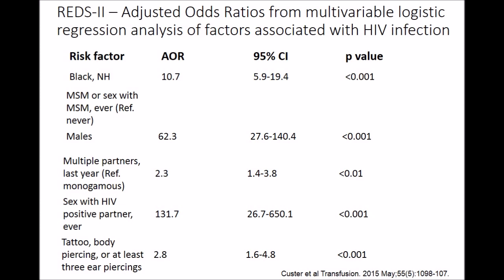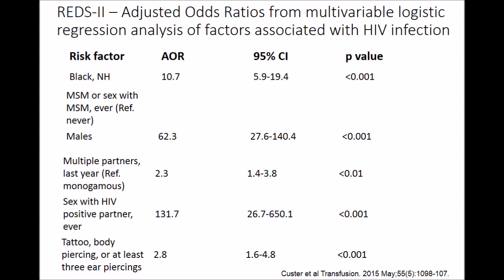What I've extracted here, again, not easy because the tables are enormous, and I've just extracted the ones which have significant differences. Okay, so what you can see here are the groups in which you have, relative to baseline, a significantly higher odds ratio of HIV infection.